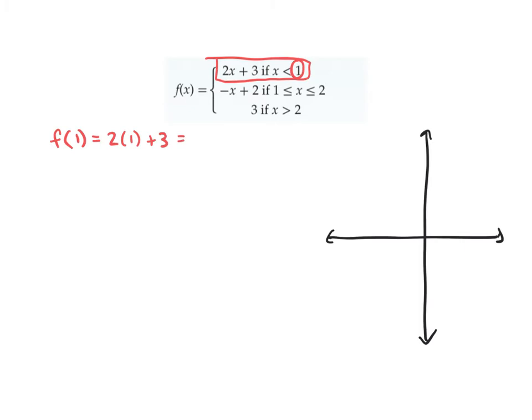What's 2 times 1 plus 3? 5. So then what's our point? 1, 5. Do we have an open circle or closed circle? An open circle. Because this is just less than, it's an open circle. So we go to the right 1 and up 5. Put an open circle.